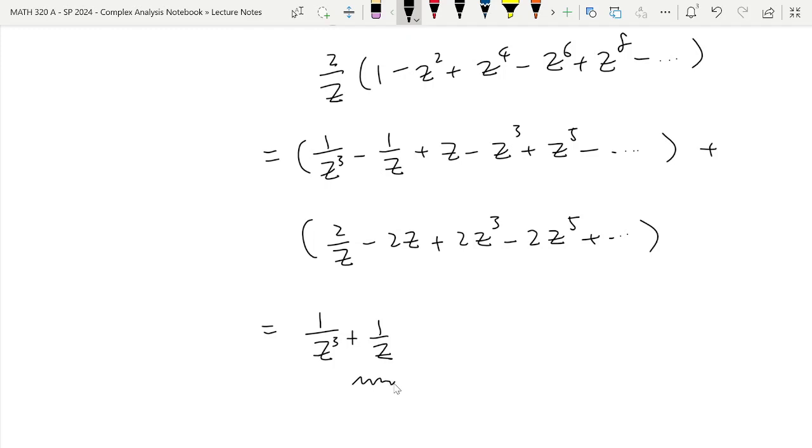And sometimes that's the only term I care about. And the next one is minus z, and the next one is plus z cubed, and the next one is minus z to the power 5. Very nice pattern, but you try to figure out the rest.